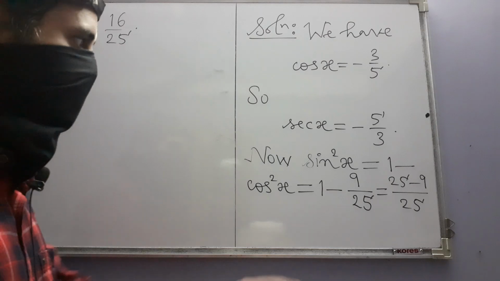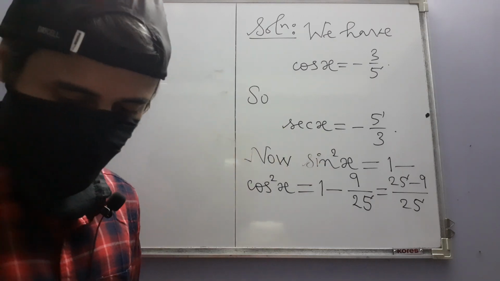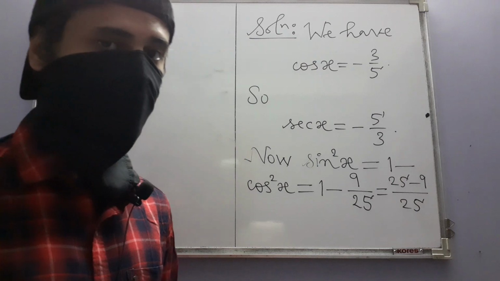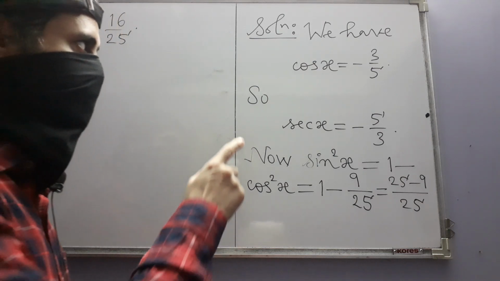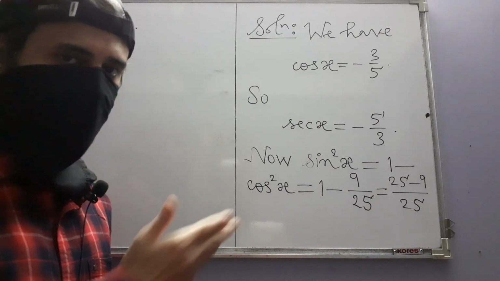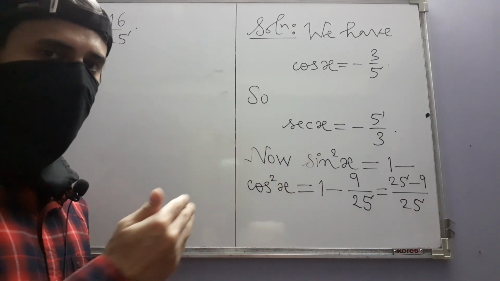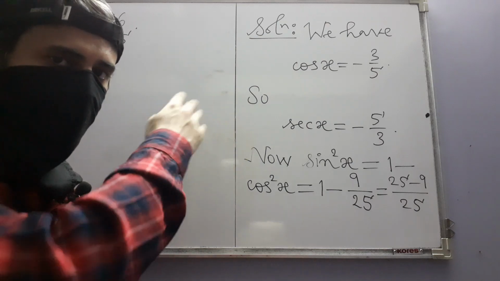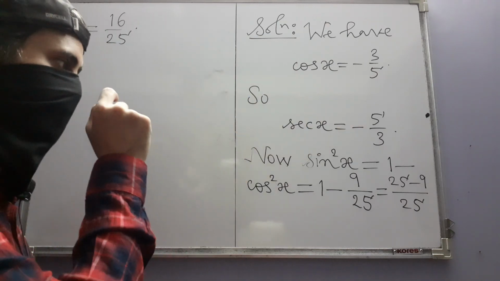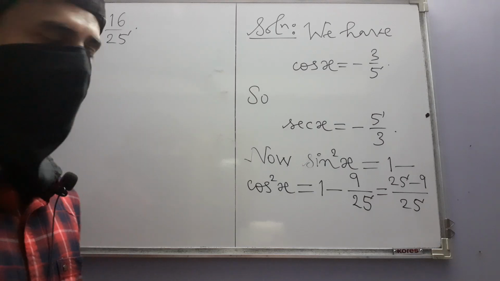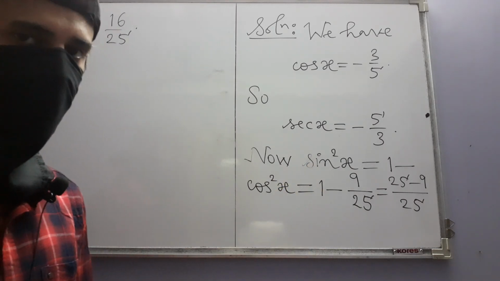Now it's time to take the square root on both sides, but this is where the information that x lies in the third quadrant comes into play, because in the third quadrant cos x of course is negative, it's already given, but sin x is also negative. Both the x and y coordinates of the point of intersection of the terminal line and your unit circle are negative, and that is why when taking the square root you have to take the negative square root.